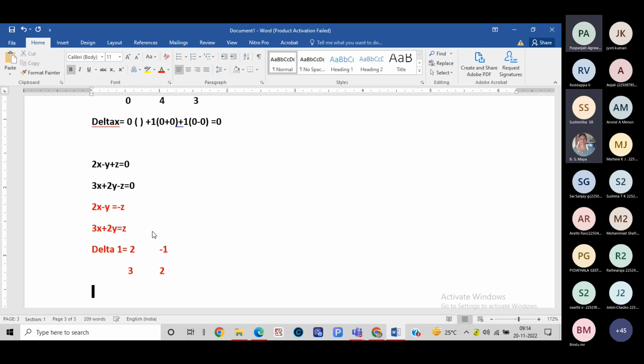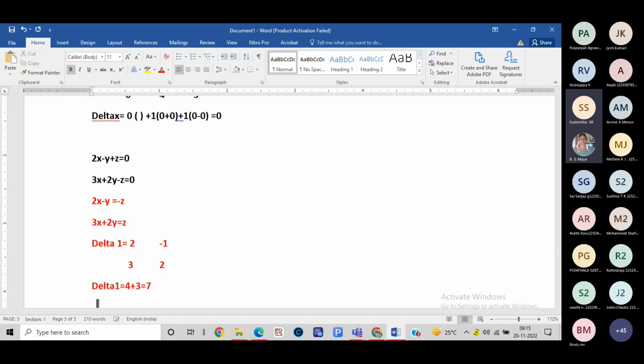Correct, right? Yes, ma'am. What is the delta value? Instead of delta dash, I am writing delta 1. Don't confuse. 2 2s are 4, plus 3 ones are 3, so 4 plus 3 is 7. Okay, delta 1 I got it.